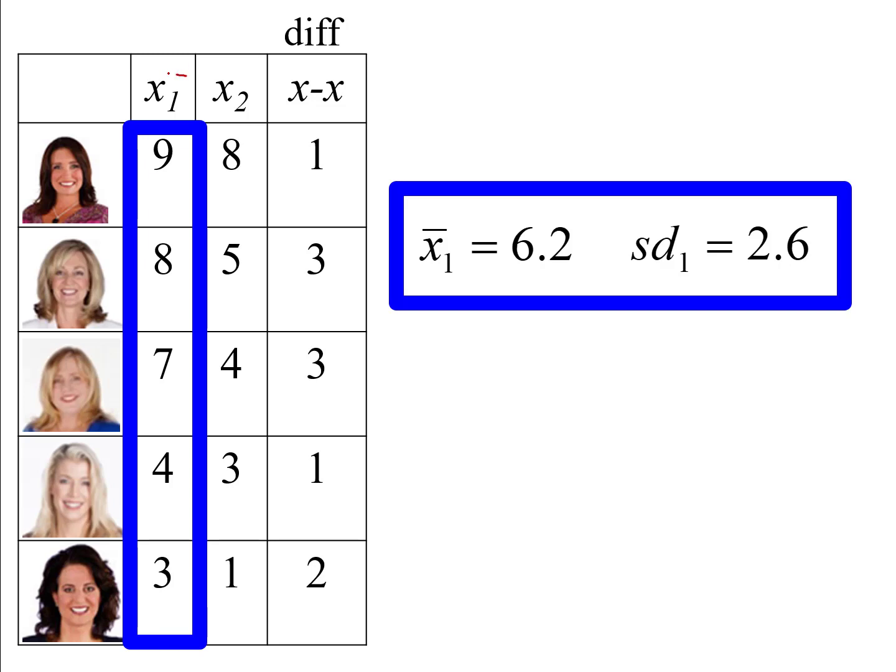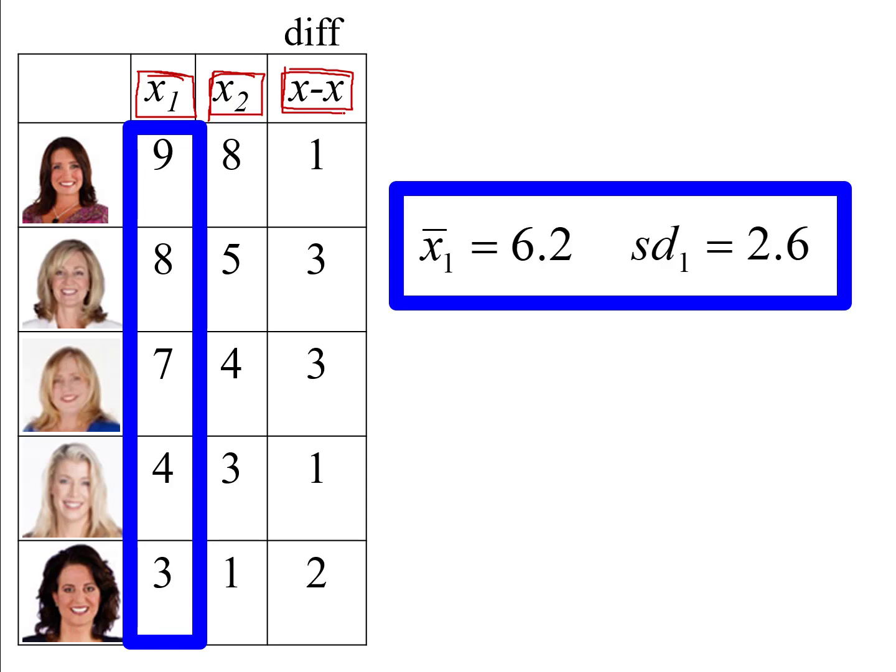We have x1, which is each person's score on self-doubt pre-treatment. We have x2, which is each person's score on self-doubt post-treatment. And then we have the difference score. That's the extent to which each person changed across the 2 time points.